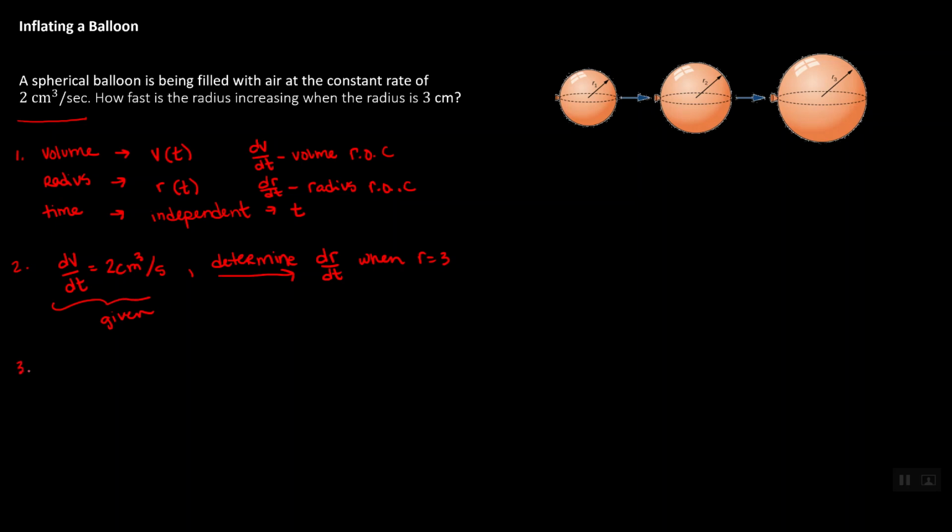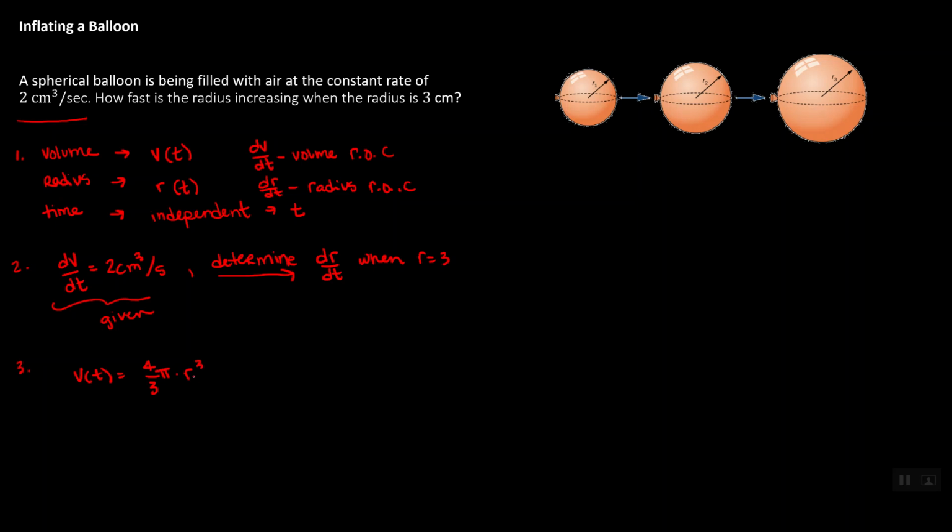Let's move on to step 3, which says to find an equation that relates the variables in step 1. The only thing I can think of is that volume is equal to 4/3 pi times radius cubed.